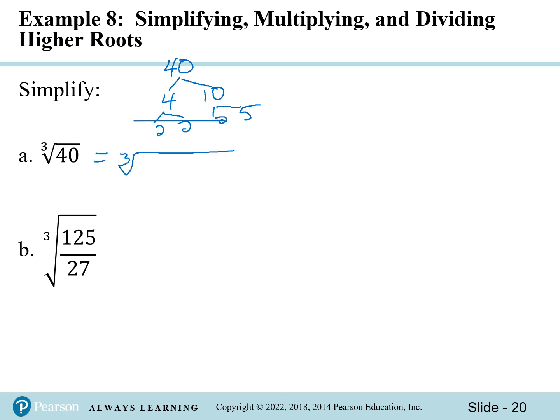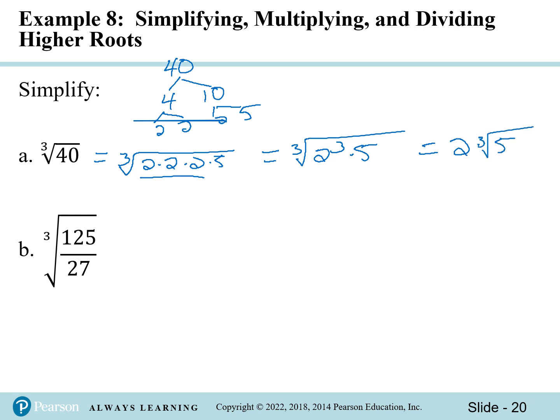So cube root of 2, 2, 2, 5. This is 3 of the same thing. And the cube root of 2 cubed is 2. And the cube root of 5.